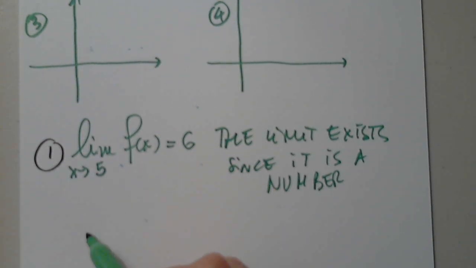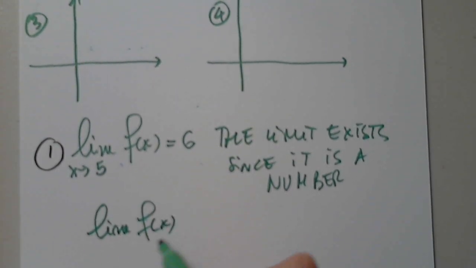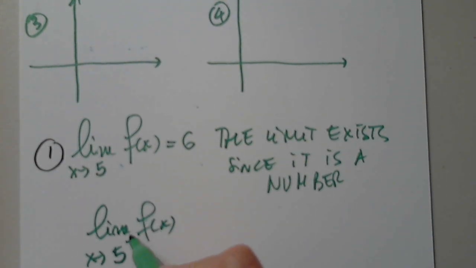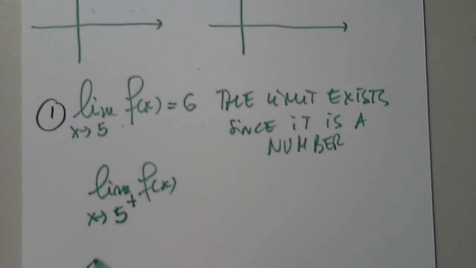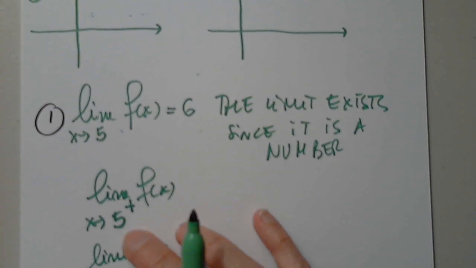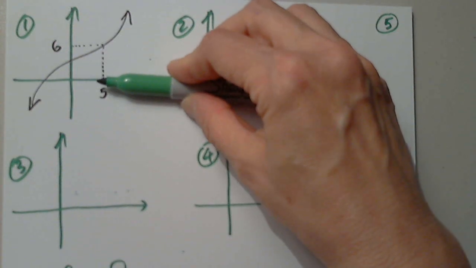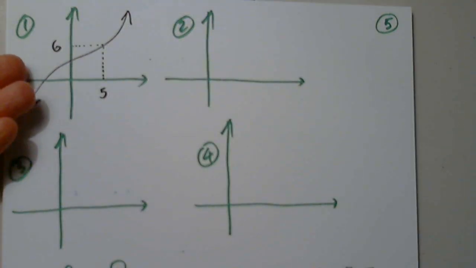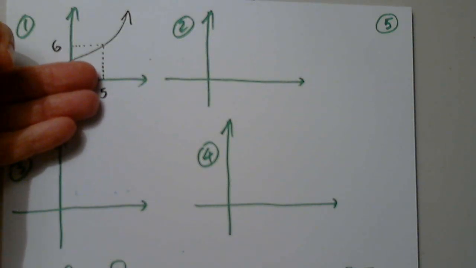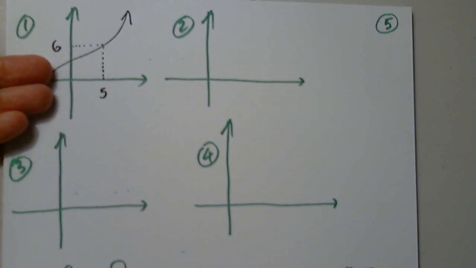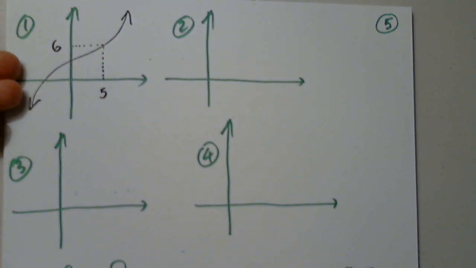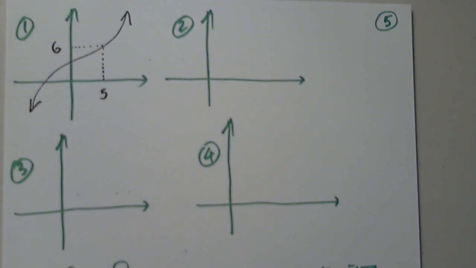Also, we have something called the limit of f of x as x approaches 5 with plus as a power, and limit of f of x as x approaches 5 with minus as a power. The one with the plus means coming from values larger than 5. The one with the minus means x values coming from the left-hand side of 5, with values lower than 5.